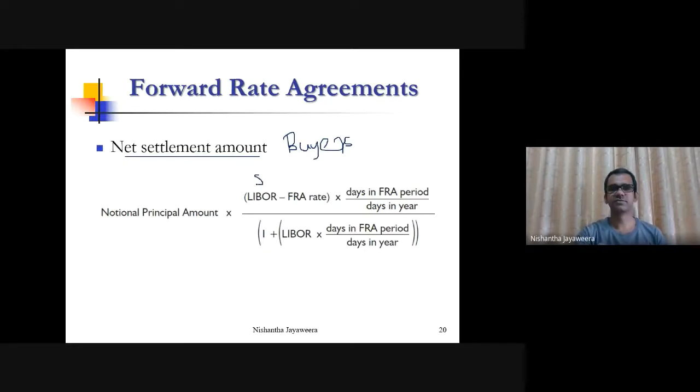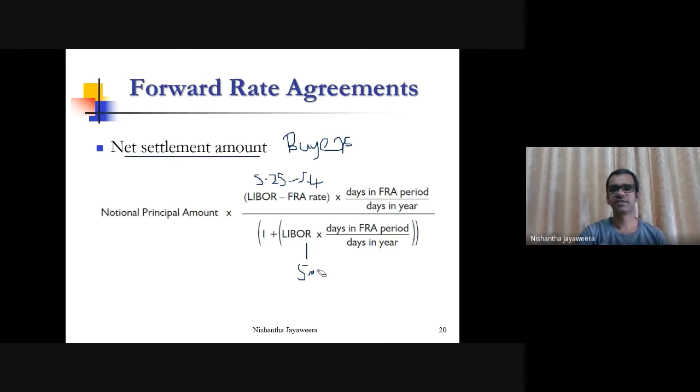LIBOR is 5.25. This is 5.4. All others are the same. This is also, sorry, 5.25. Will you get the same figure?